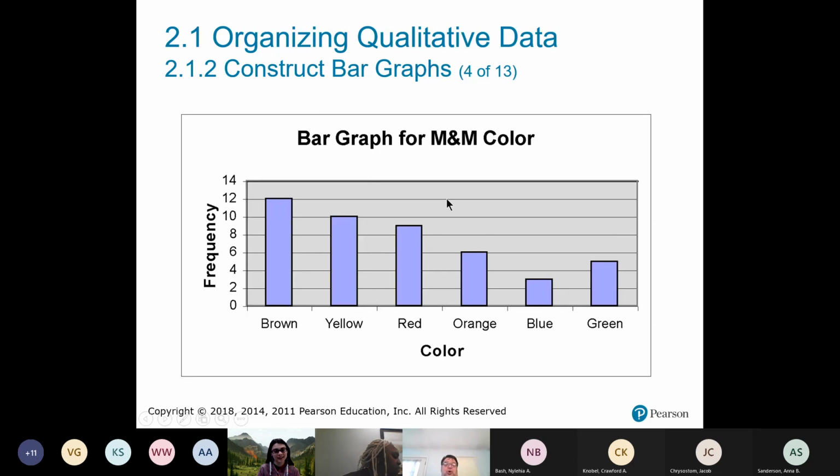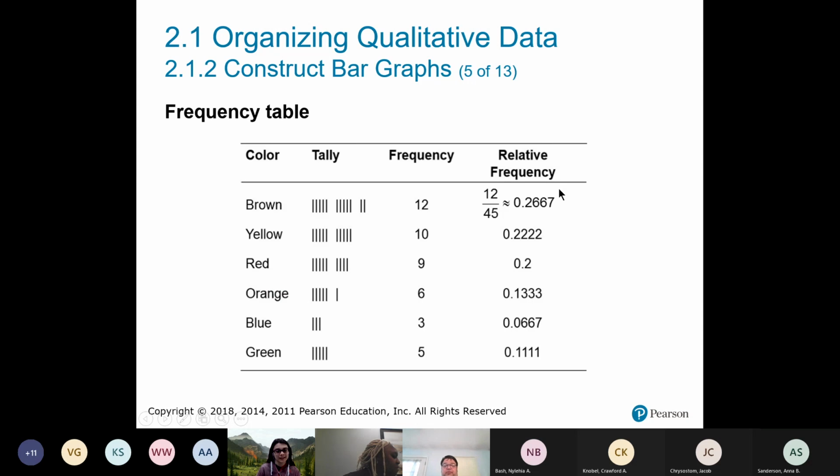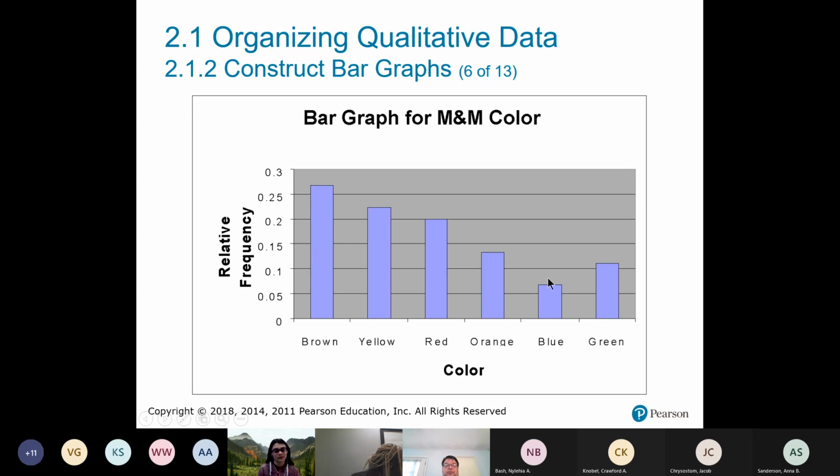You could do it in a pie chart with percentages, and do relative frequency. You can do that and draw a relative frequency bar chart. Now, I don't think many people do relative frequency bar charts, but that's not a big deal. You just need to know how to make it, and I'll show you that when we get into chapter 3.